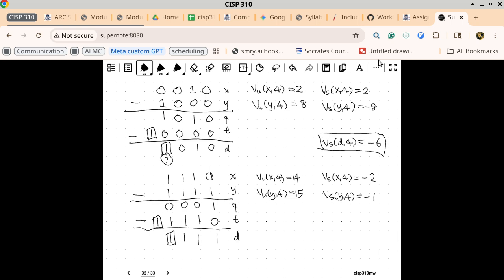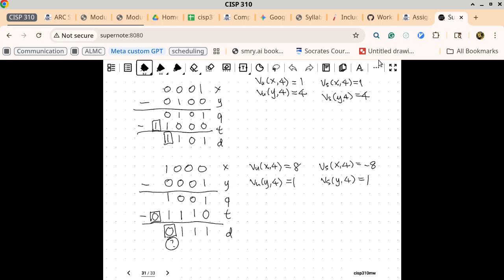But before we go back there, we're going to take a look at the other case where it also does not make sense. In this case, Vs of D also does not make sense because that is just 7. -8 minus 1 should have been -9, and yet we just have 7. So the question is, how did this happen?